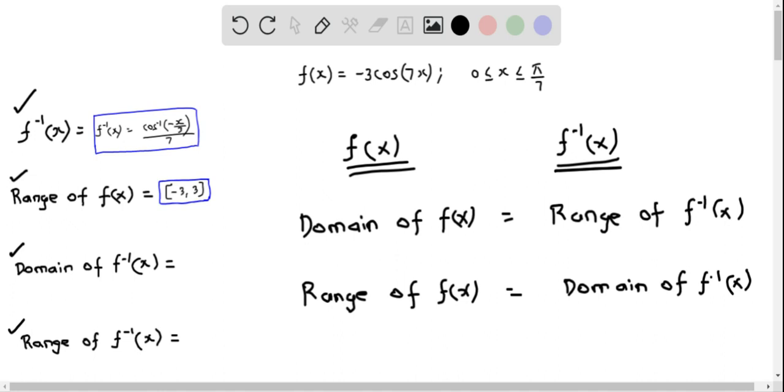Let's say this is property 1 and this is property 2.